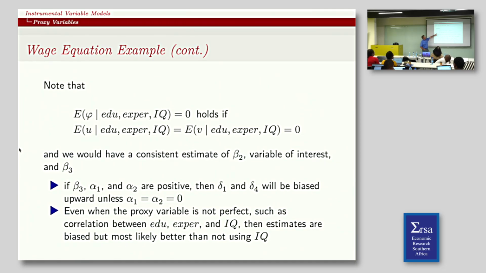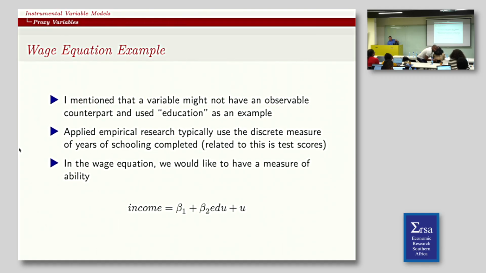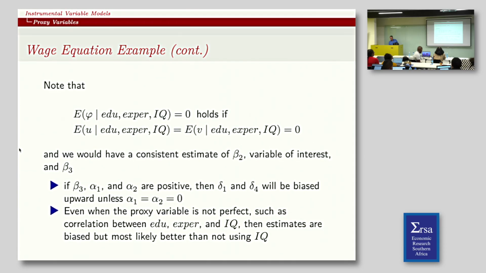This new error term conditional on the variables in the regression is equal to 0 as long as the underlying error terms from these two original equations, conditional on the same set of variables, are also equal to 0.